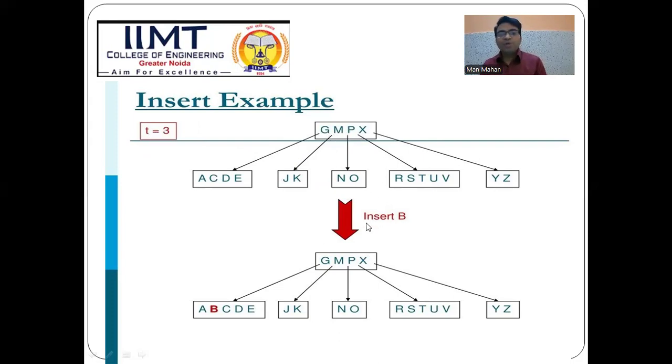So we take an example: insert B. After inserting B, the node holds A, B, C, D, and E, which is the maximum number of keys. So we split the key values.